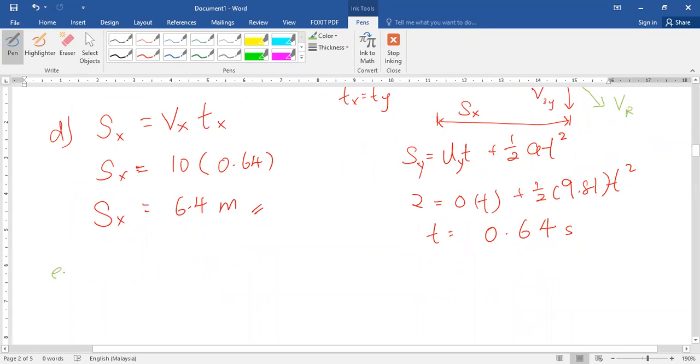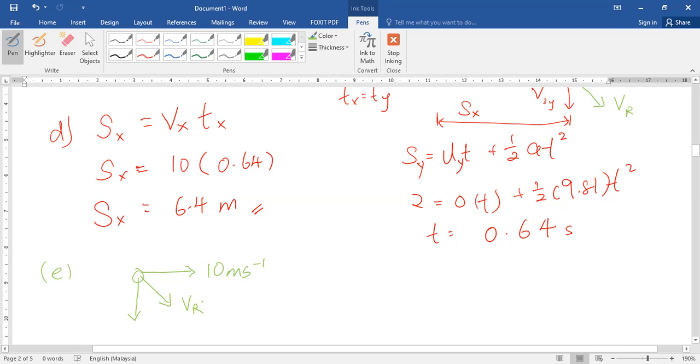There will be this ball with 10 ms^-1 for horizontal. Vertical, what is the maximum speed? And this will be VR.